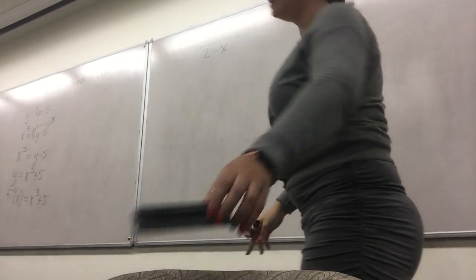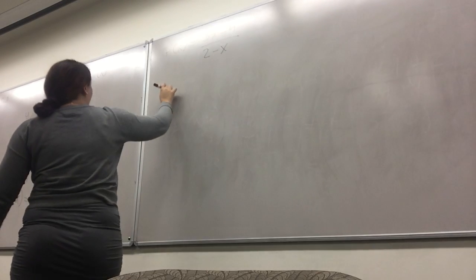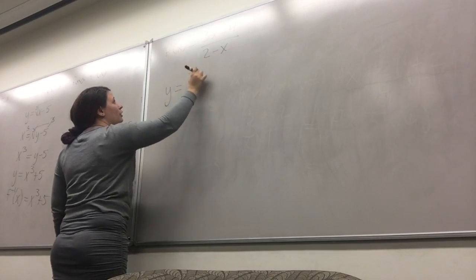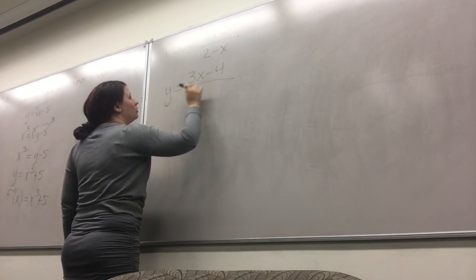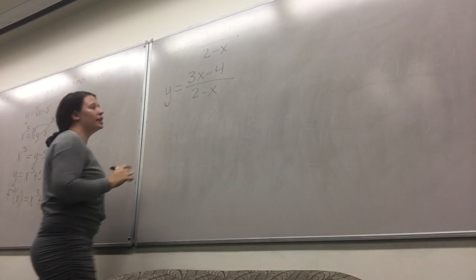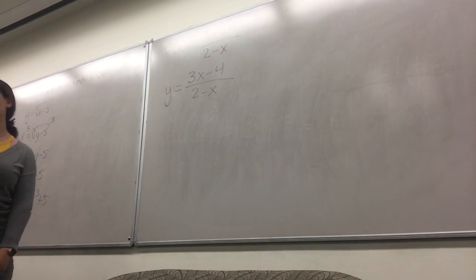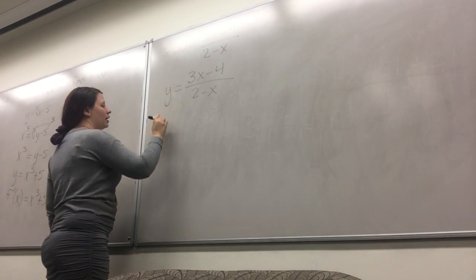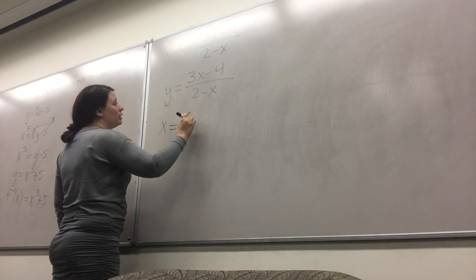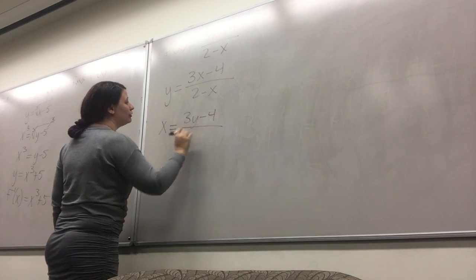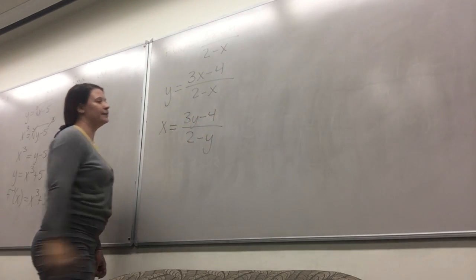Put in the y. So y is equal to 3x minus 4 over 2 minus x. And then switch them. x equals 3y minus 4 over 2 minus y. Now what?